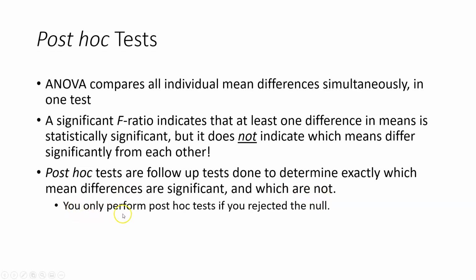But note that you should only perform the post hoc tests if you rejected the null hypothesis. If you didn't, that means there are no differences, and there's no point asking where are the differences if there are no differences. So this test answers the question, where are the differences?